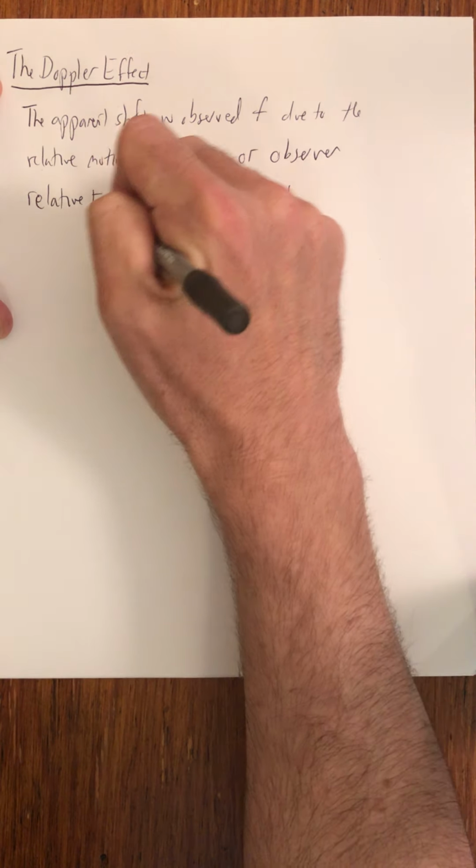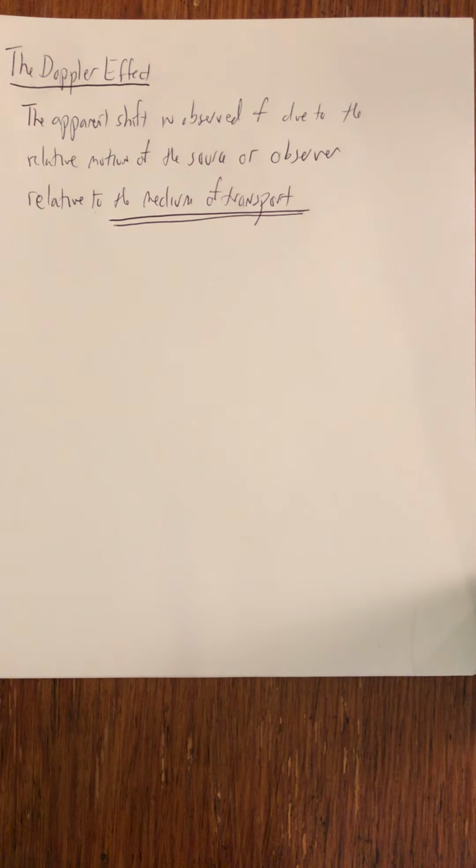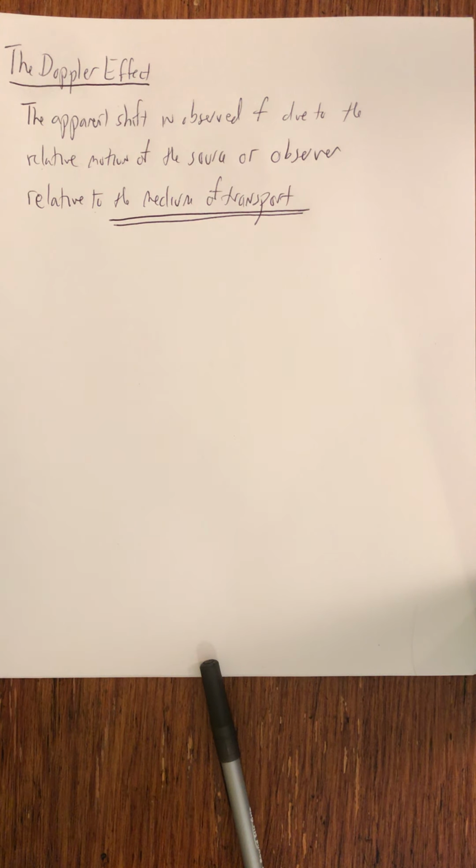Okay? And that last sentence is important: it's not the motion of the source relative to the observer or the observer relative to the source, but how each independently is moving with respect to the medium of transport, which for our purposes is going to be the air.